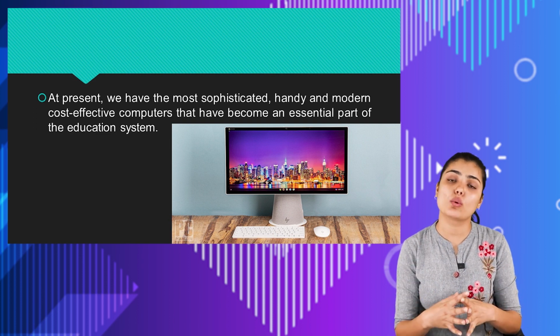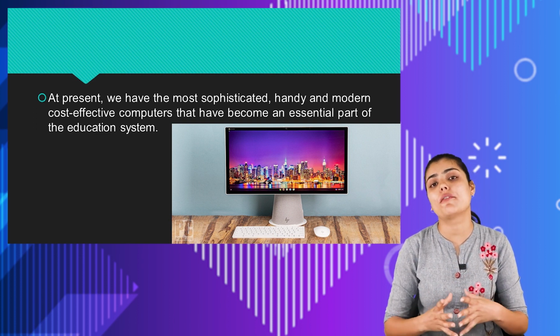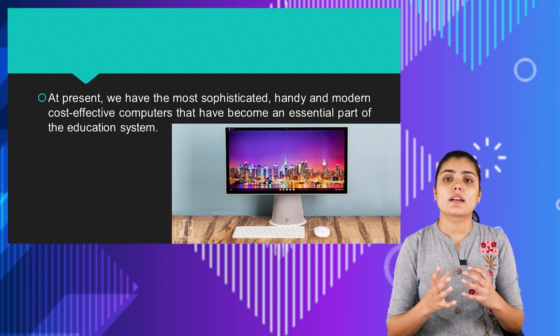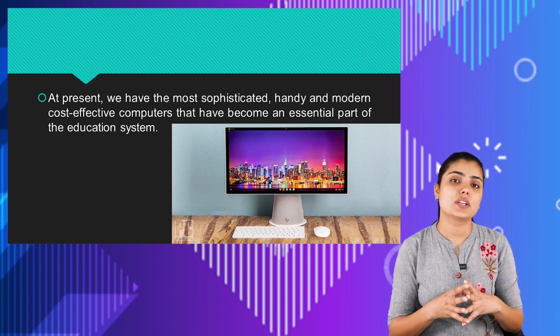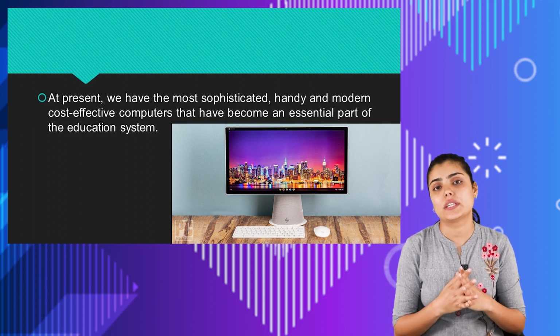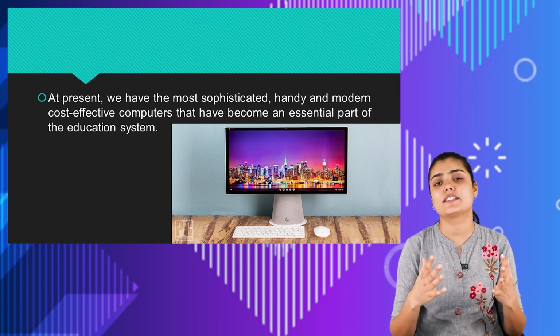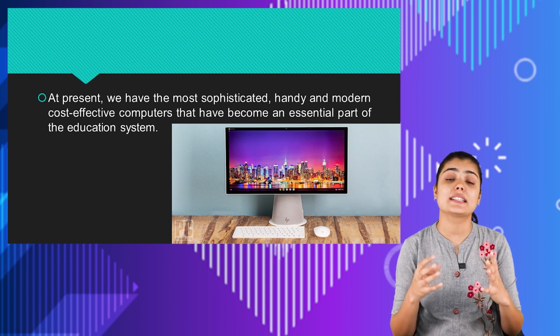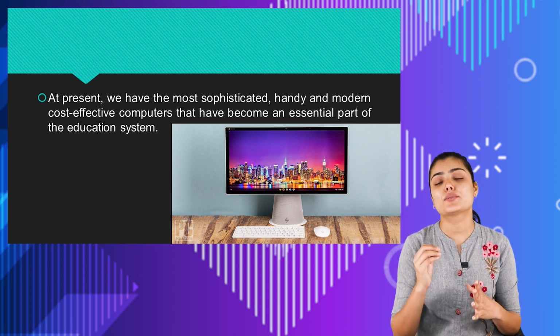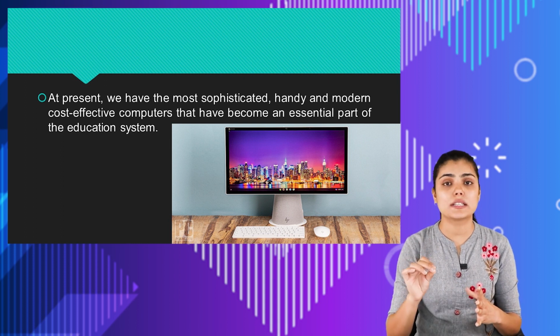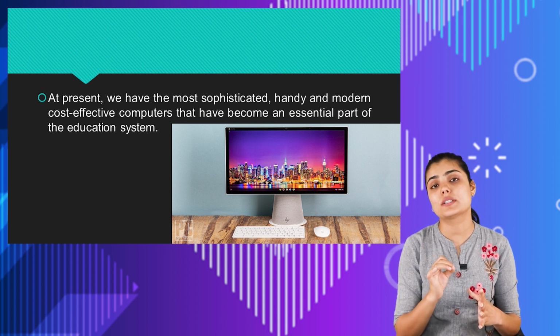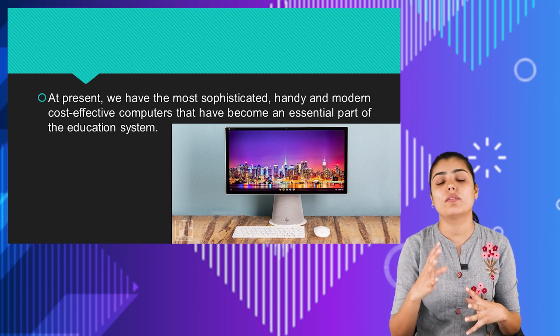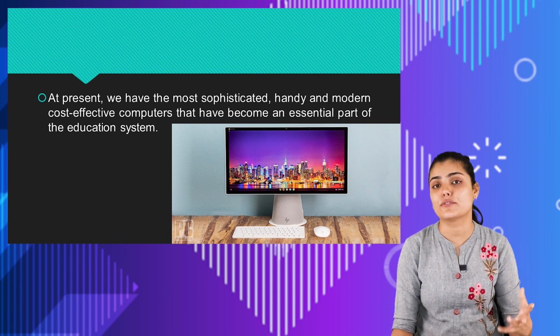and it has also become an essential part of our education system. Computers are not just an essential part of the education system. They are used in every different field in today's world, and there are a few characteristics because of which computers are chosen as an integral part of education as well as several different fields.